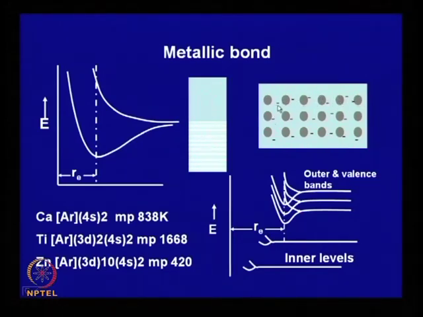So, all electrons must have slightly different energy, although they are still s shell electrons, they will have slightly less energy, which is diagrammatically shown over here. They try to fill up the lower level first and they go up. And since the capacity of this band is 2 electrons per atom, and if it is monovalent, only half of this is filled up. And the highest level of that occupied energy is called the Fermi energy.